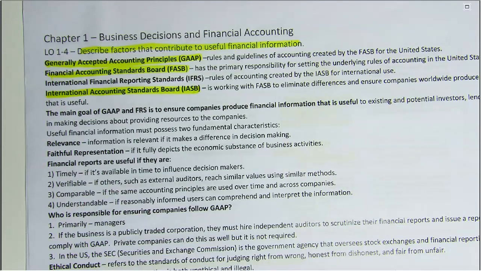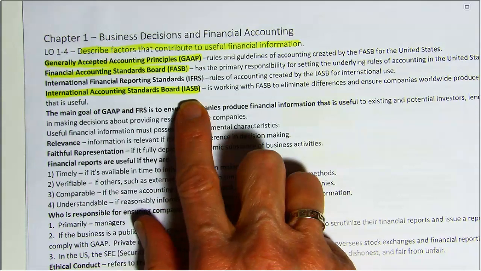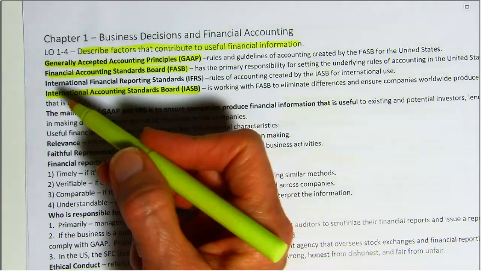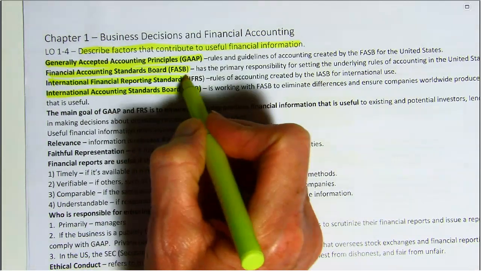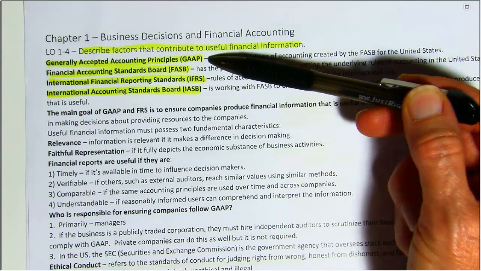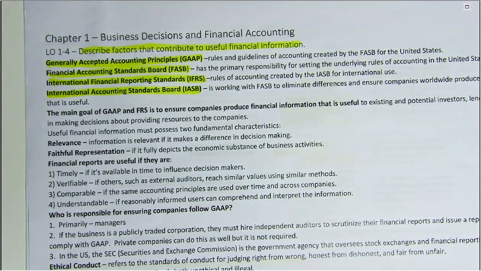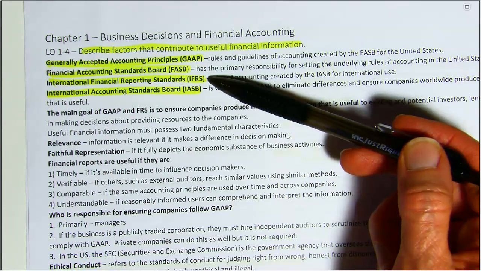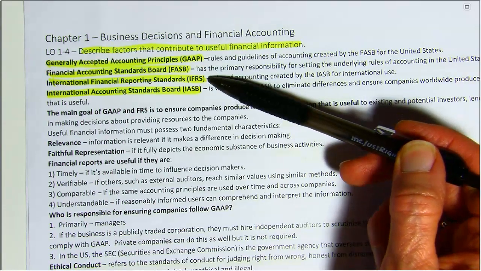Well, the U.S. hasn't signed on to those rules yet, but a number of U.S. companies have already begun to follow them because we're pretty close, and they have decided to produce a second set of financial statements based on the rules that the IASB has developed, and those rules are called the International Financial Reporting Standards. So the U.S. rules are called Generally Accepted Accounting Principles, and the international rules are called the International Financial Reporting Standards.